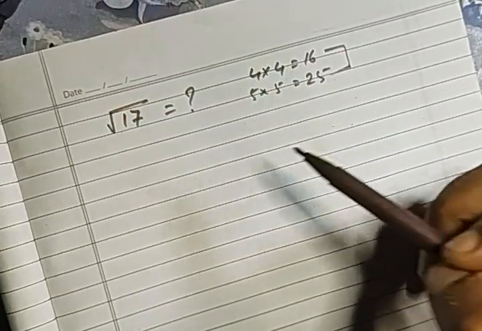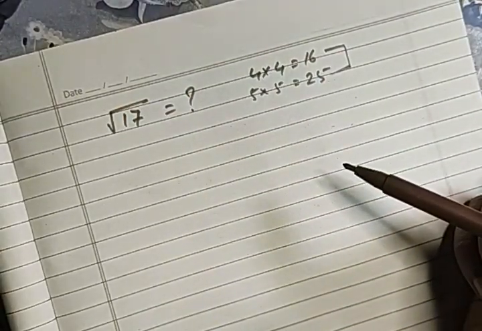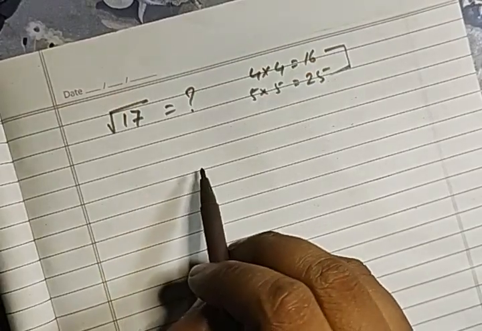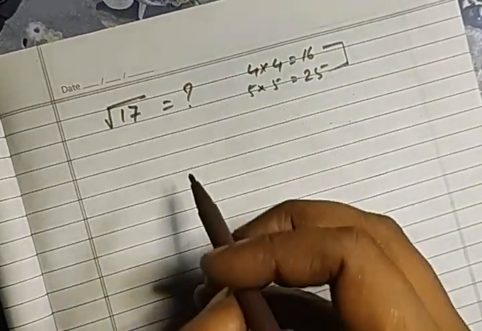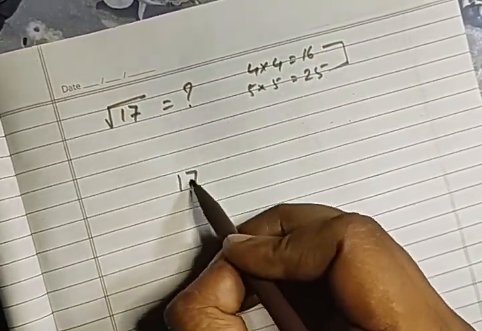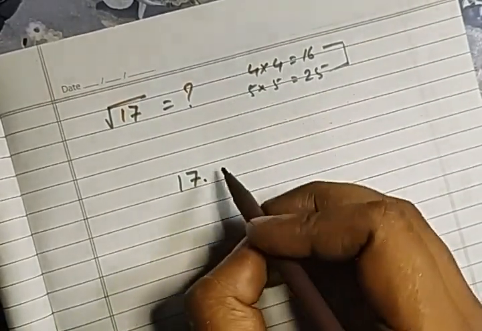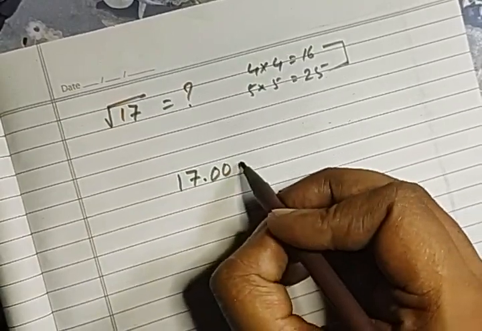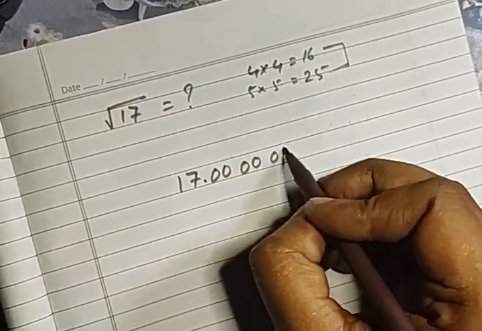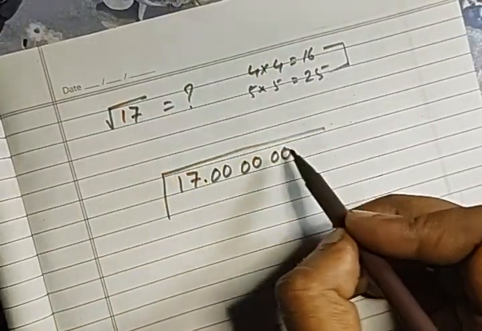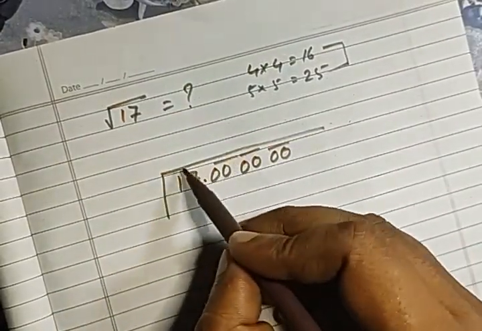That means it should come 4 point something. So how will we do it? Let us see. We will take 3 decimal places. Same process: 17 point, then 3 pairs of zeros. Now you can make the grouping.